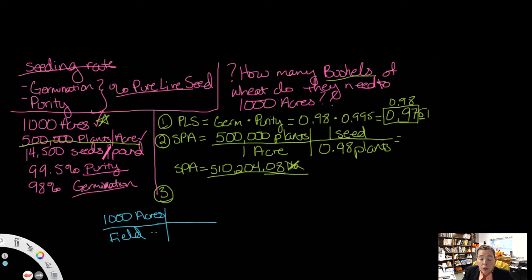Our next value, because when we set this up, you're not going to have this conversion sheet and the cheat sheet that's on D2L for the exam. But what we can do is set this up and know where these values are on here. So we've got our 1,000 acres per field. Right here, we're then going to have the next thing that we have that's acres, which if we cross these units out, that's my fault. Sorry, ignore this.